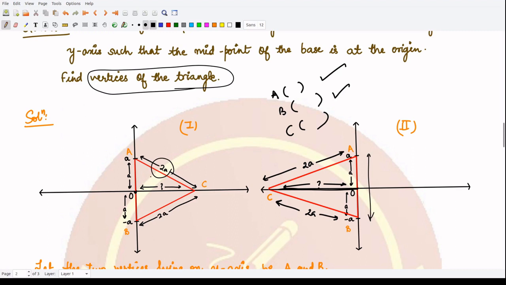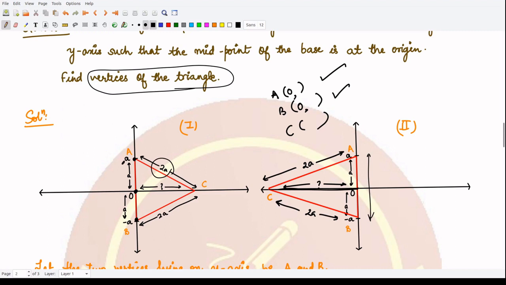By looking at the figures, we can very easily identify the coordinates of A and B. If you look at the first figure, for the coordinates of A, your x distance is 0 because it is lying on the y-axis. Similarly for the point B, you do not move in the x direction, you only move in the y direction, so the x coordinate is 0 as well.